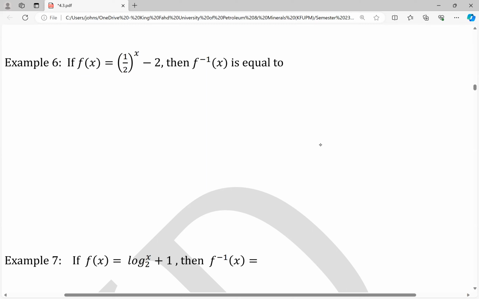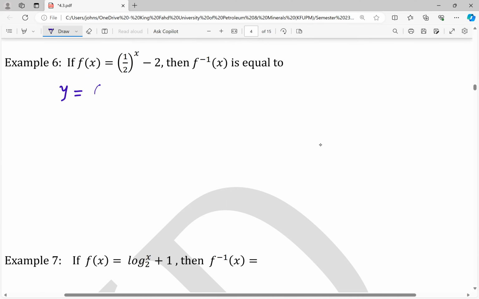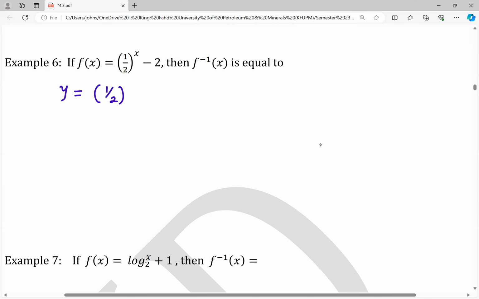So step one is just to make y. So we can write y equals 1 over 2 to the power x, everything minus 2. This is step 1. Then step 2 is now to solve for x, right?